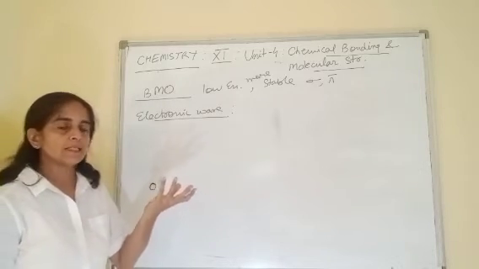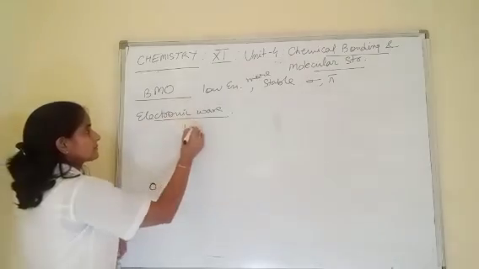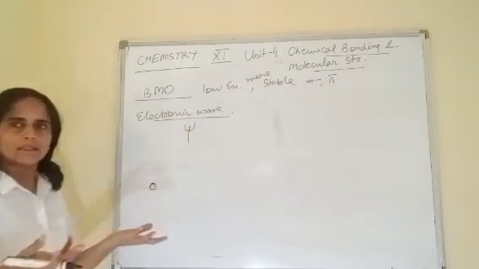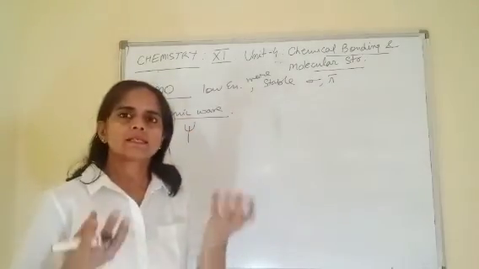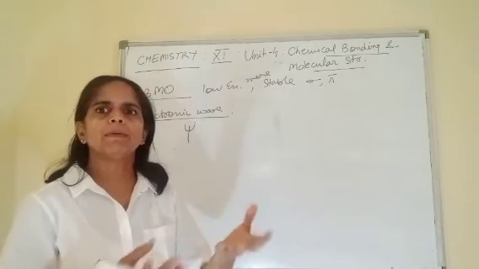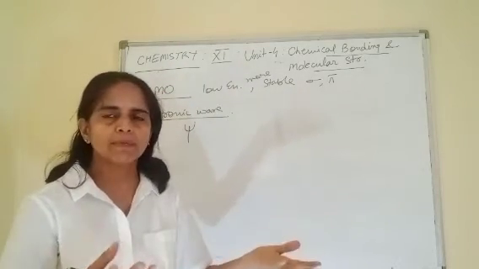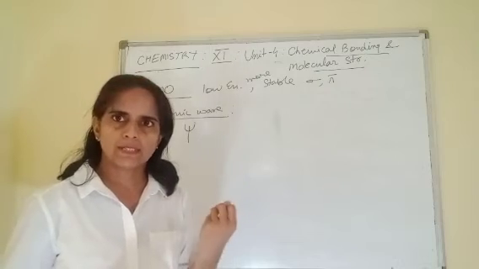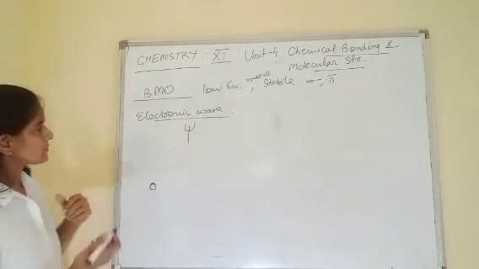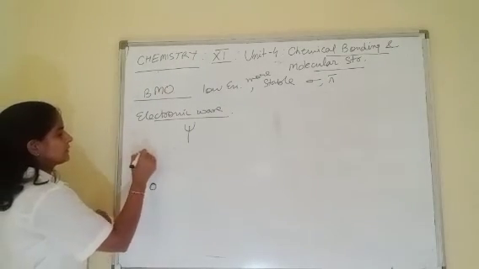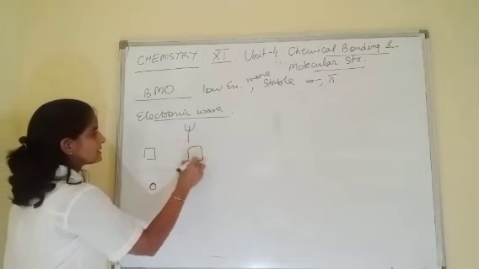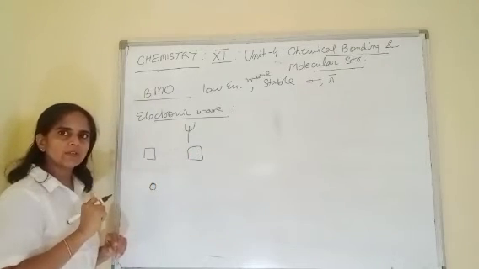What would be their symbol? Psi. Remember now? What is the orbital? This is simply the probability of finding the electron where it is maximum, or electronic waves. Got it?